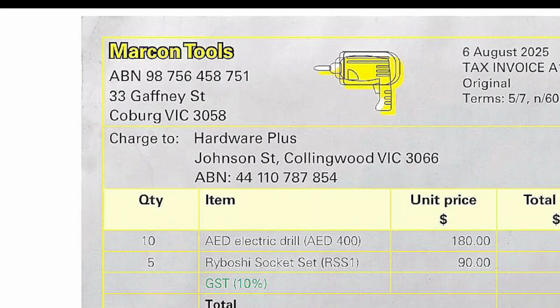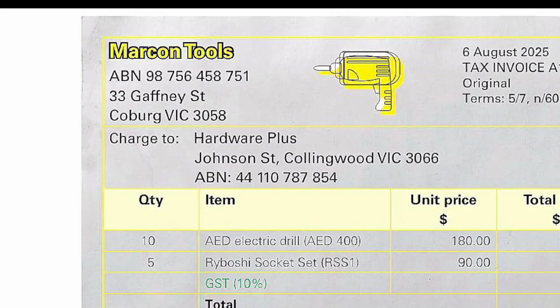Actually, both. Why both? If you are in Marcon Tools, who has sold these goods on credit? Marcon or the Hardware Plus? Marcon is the letterhead. If any business's name is on the top of the document, we call it letterhead.